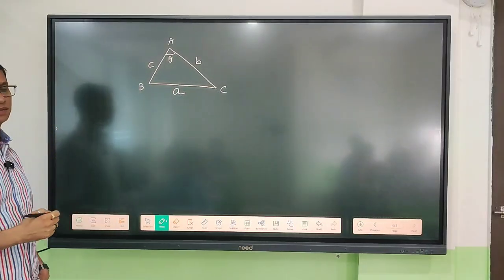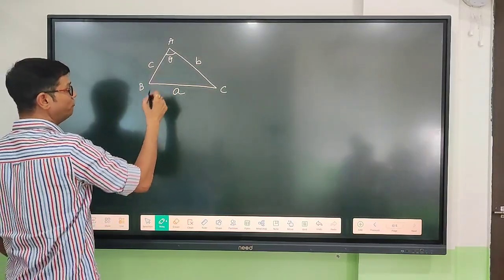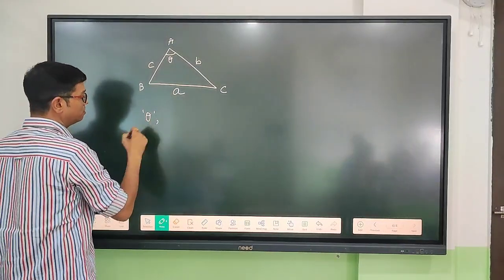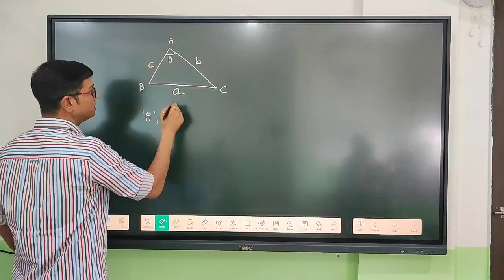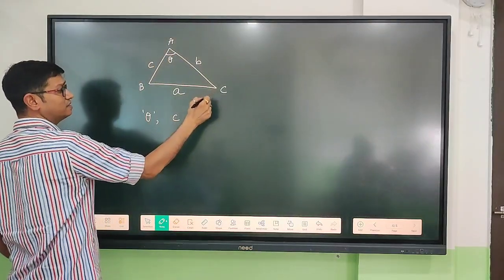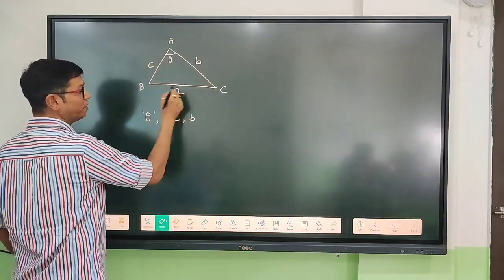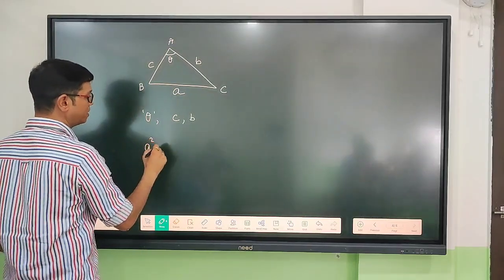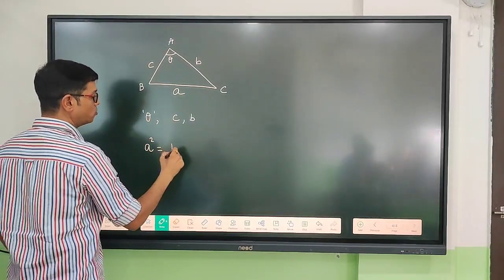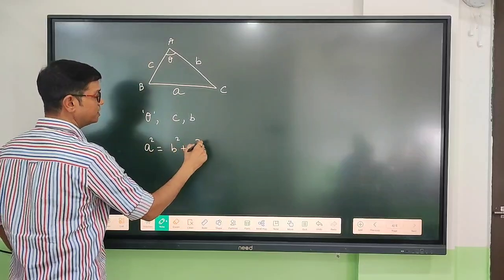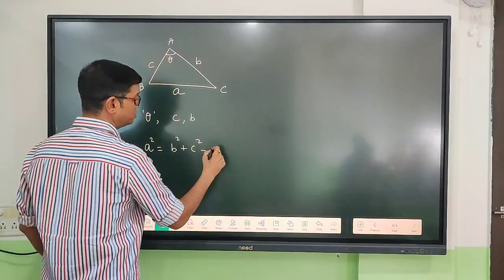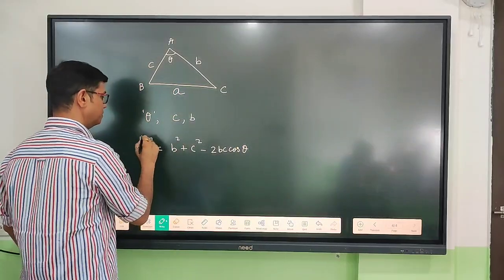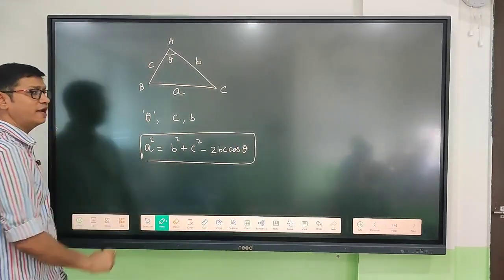Now, the cosine rule. If you are given theta, and you know the two sides making this angle theta, C and B, and you have to figure out the third side, then it is given as a square is equal to b square plus c square minus 2bc cos theta.